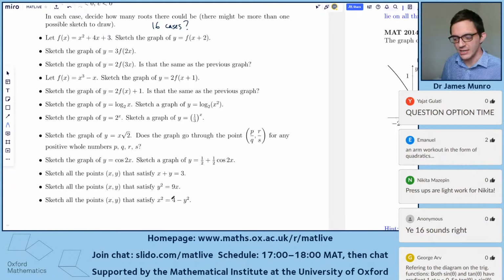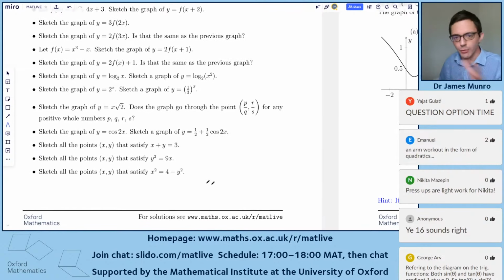When you sketch x squared equals 4 minus y squared, all the points that satisfy that, what you're actually doing is finding all the points in the xy coordinate plane that satisfy that equation, and it turns out to not be a function. Y is not a function of x, because there are multiple values at some values of x.